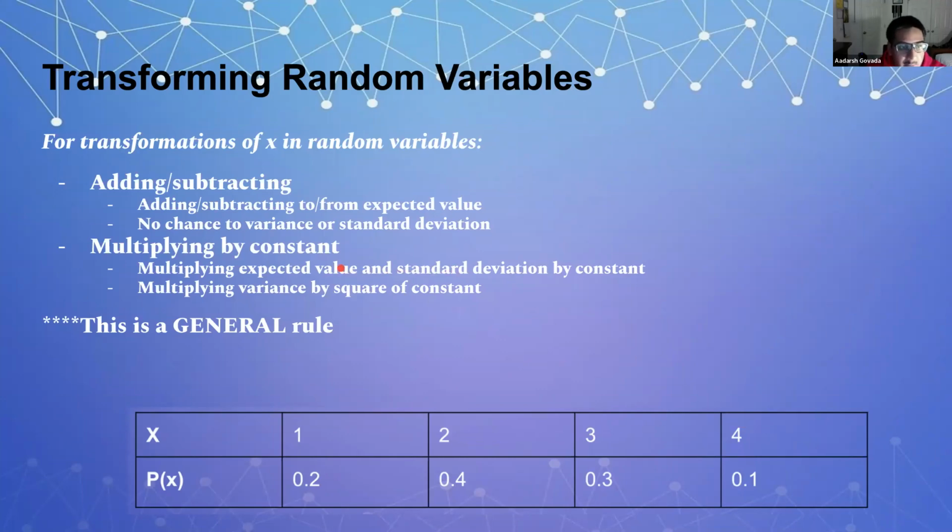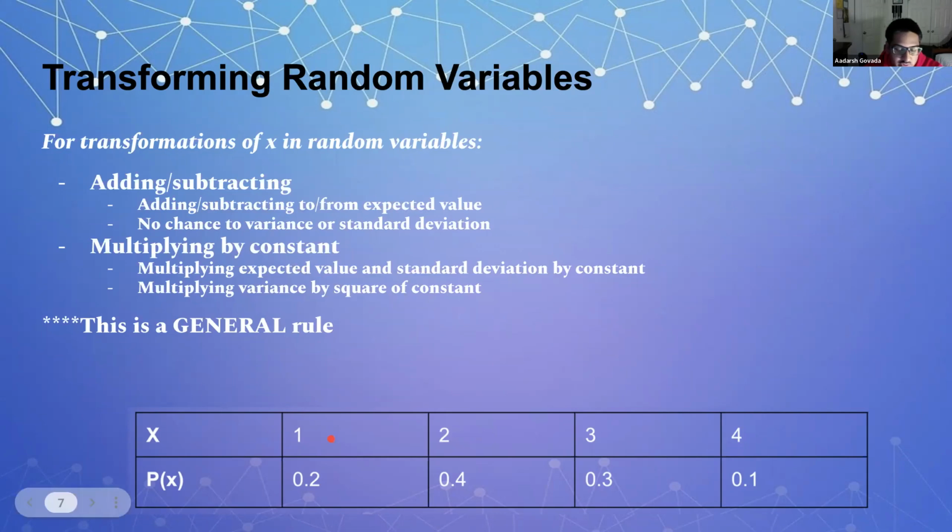If we wanted to add that, then it would do the same thing to the expected value. We would take the expected value of this, which I think we calculated last time was 2.3, and we would just add 5 to that. So now the expected value is 7.3.